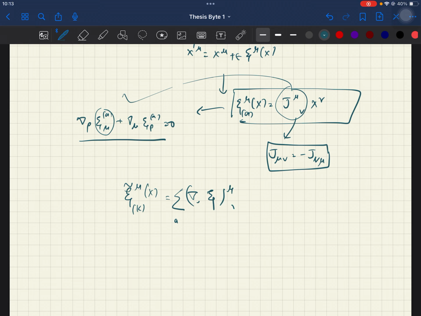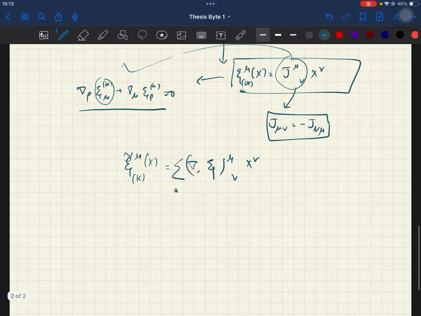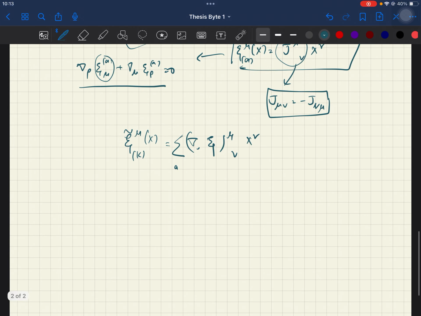Let's just say this is this, and this is just the generator, and then you have an x new.